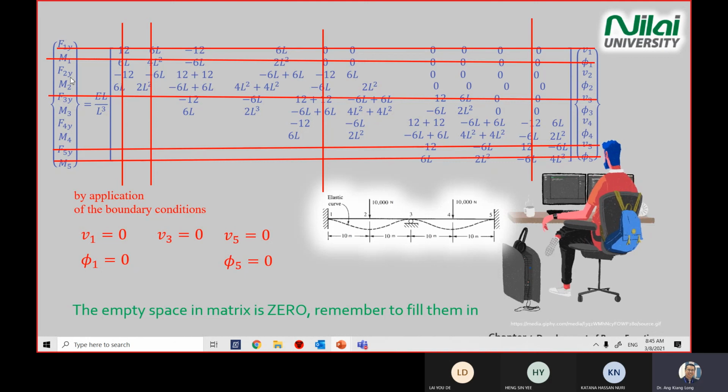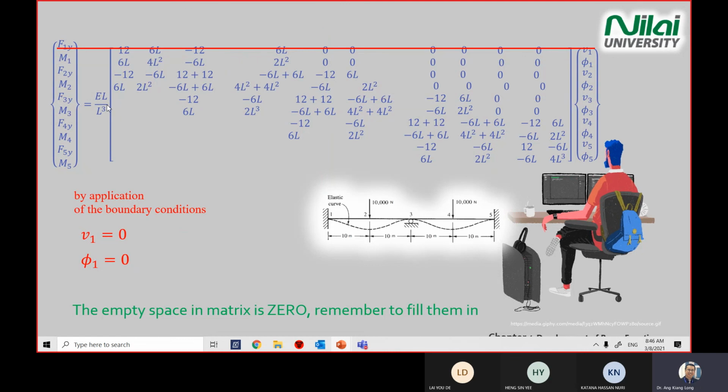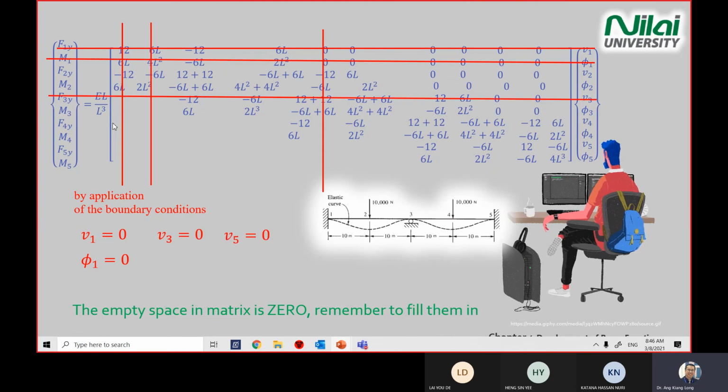You have 5 unknowns on the left, 5 on the right hand side, and then you have a 5 times 5 matrix. When you close, remember that you have EI divided by L cubed outside there. I think I have a typo in my formula here. It's EI over L cubed.